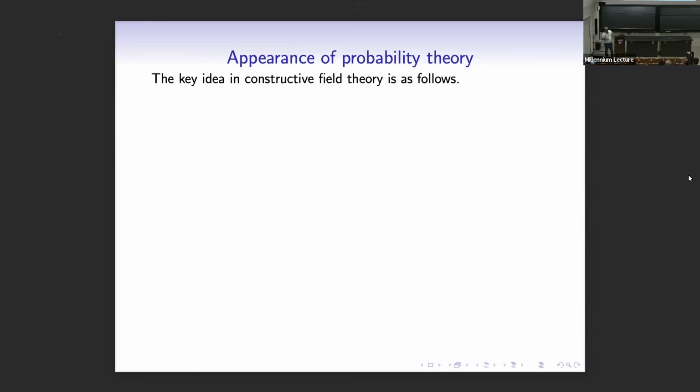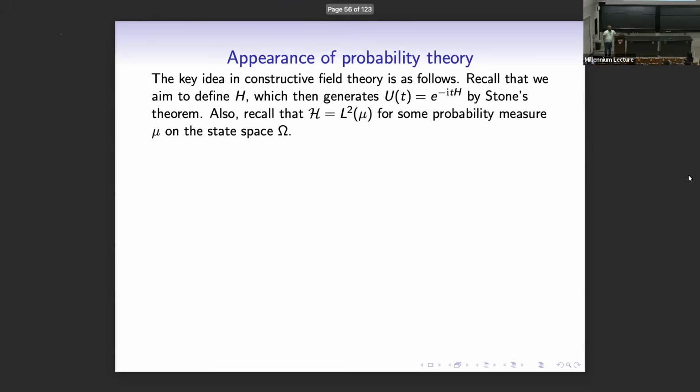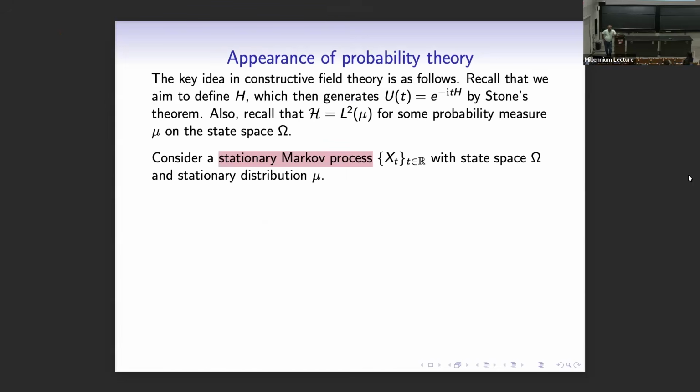So let me explain that. The key idea in constructive field theory is as follows. Recall that we aim to define H, which then generates U_T as e to the minus iTH by Stone's theorem. And also recall that the Hilbert space is L2 of mu for some probability measure mu on the state space. Now suppose we have a stationary Markov process, X_t, with state space omega and stationary distribution mu.